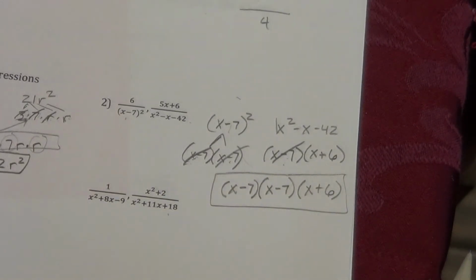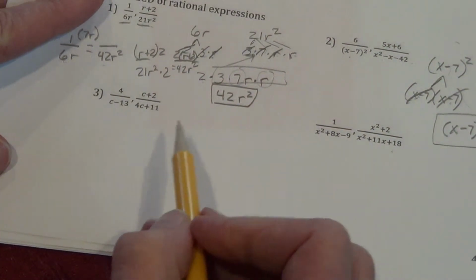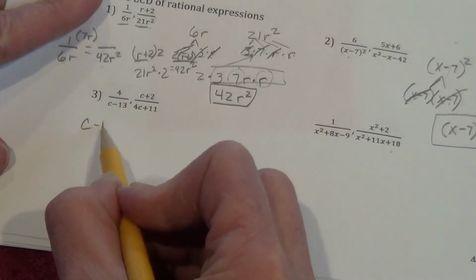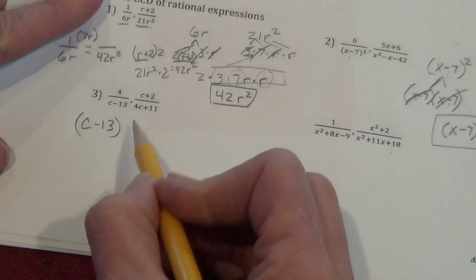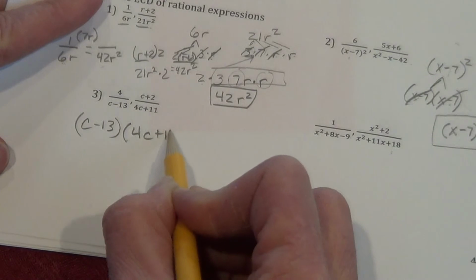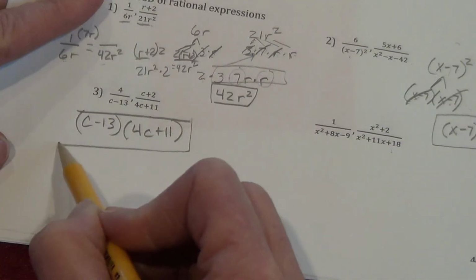Due to a shortage of room, we won't figure out the top number right now. Okay, so now we look at our denominators here. c minus 13, that can't break down at all. 4c plus 11 can't break down at all. So that's our lowest common denominator right there.